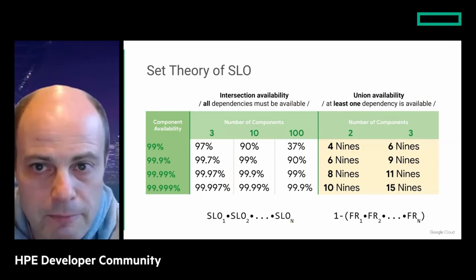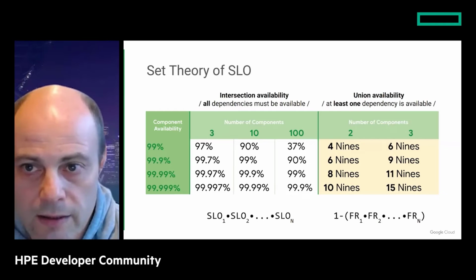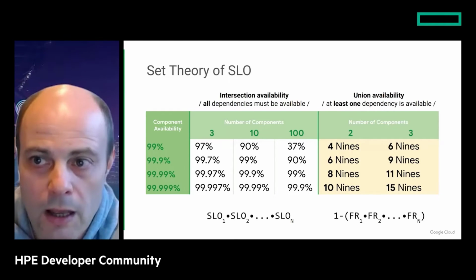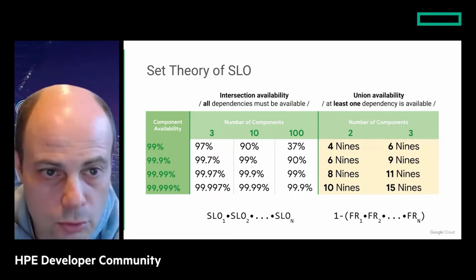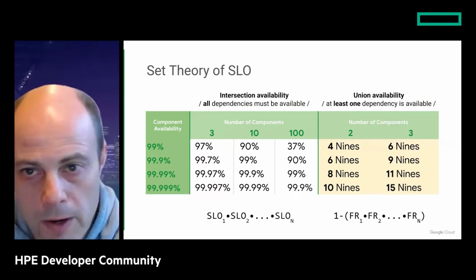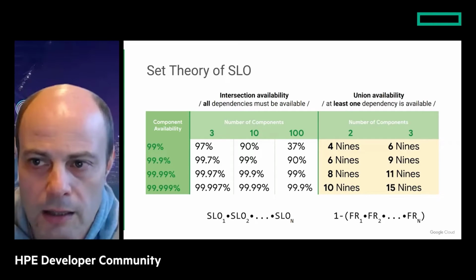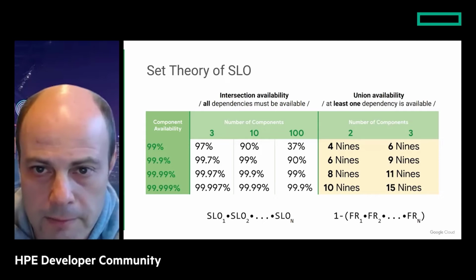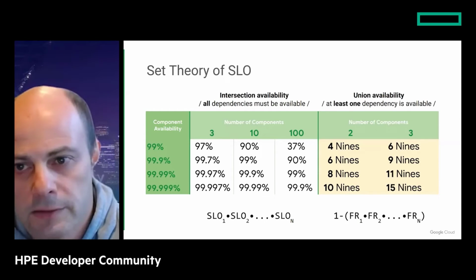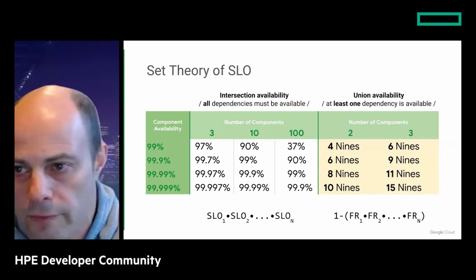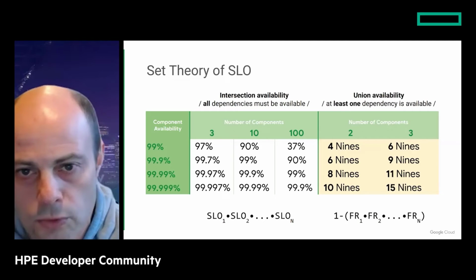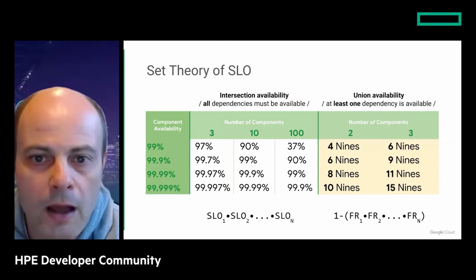So these results bring us to what we call a set theory of SLOs. We can distinguish 2 models here. One is where we require all dependencies to be met, and we call it intersectional availability. It is calculated by the formula of multiplying the SLO of each service, or SLOs to the power of depth.